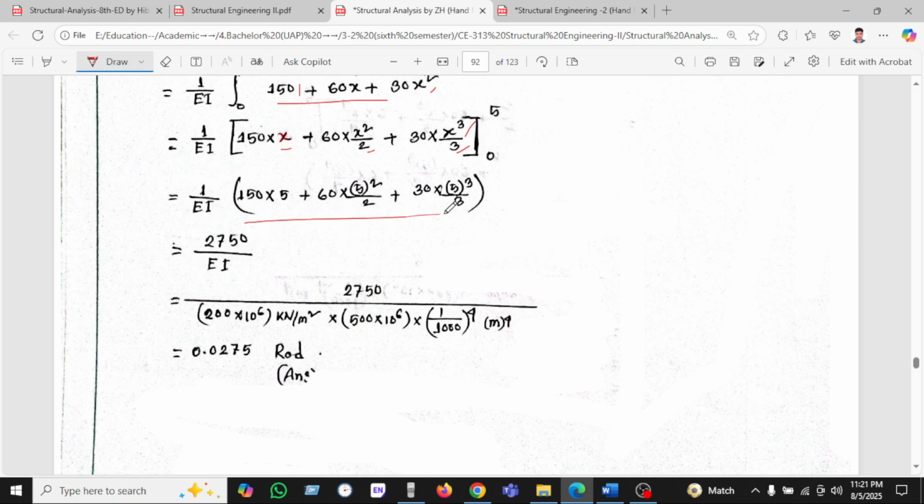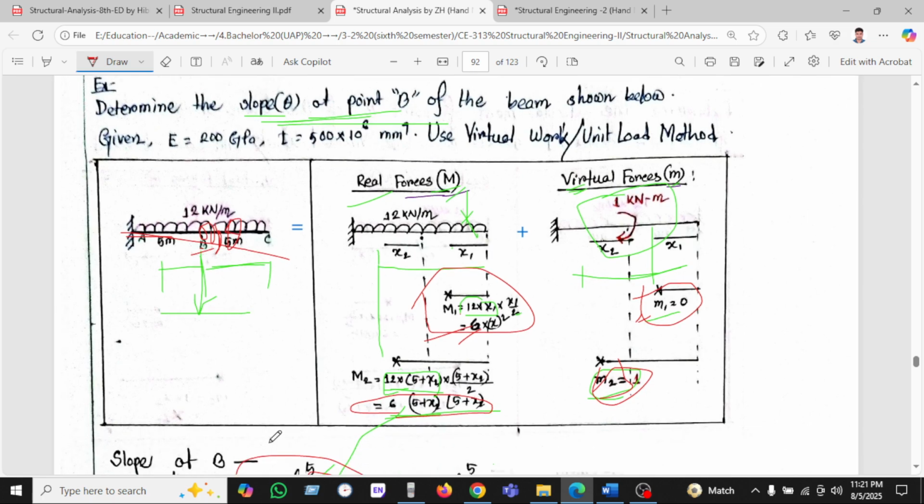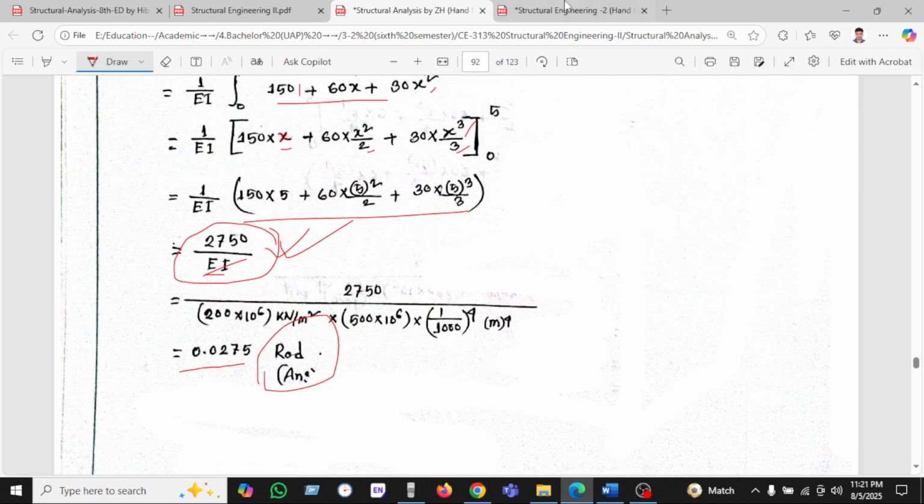After calculating all this and putting in all these values, we find 0.027 radian. It is found at point B, so it will be rotating like that. So we can see the slope, theta B, will be 0.0275.